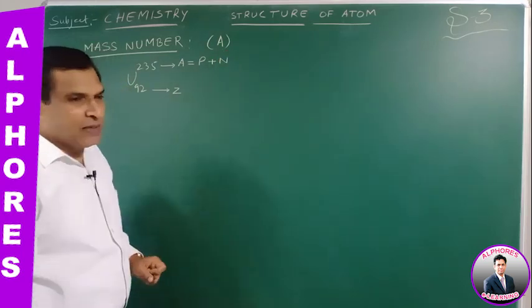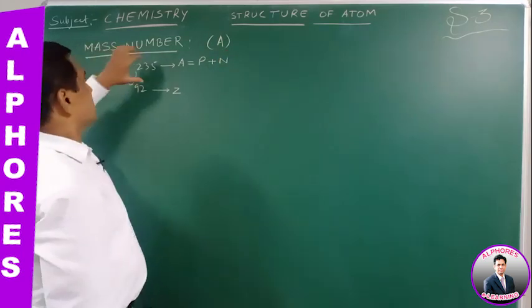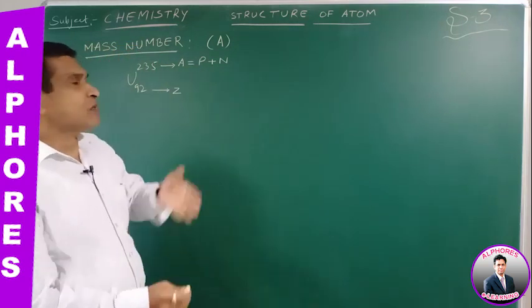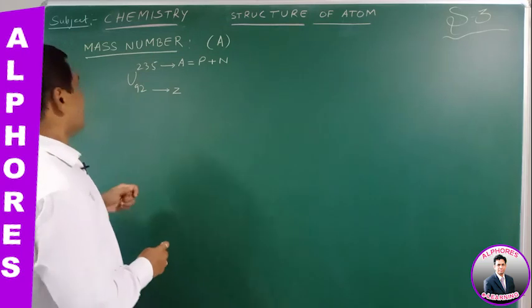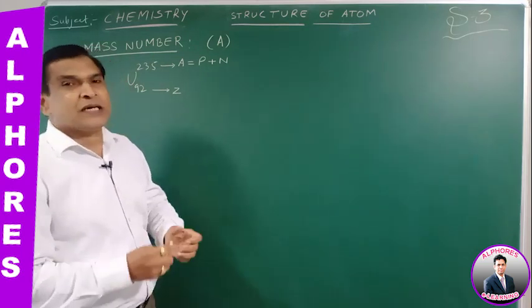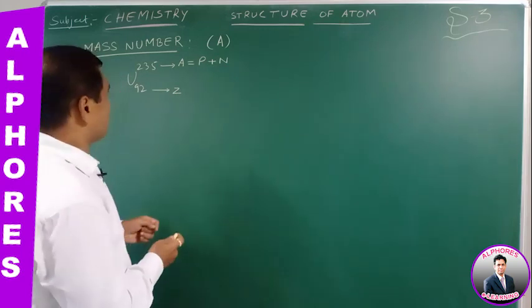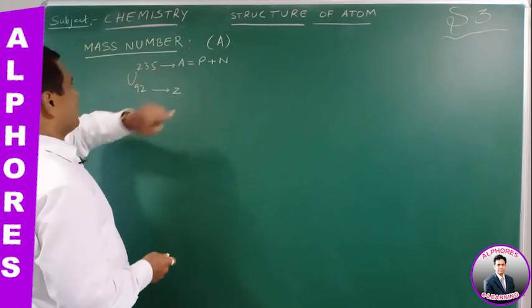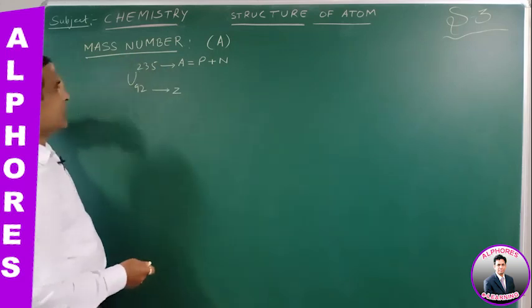Together we can call them nucleons. So the mass number represents the sum of the nucleons present in the atom. What are nucleons? The particles which are present inside the nucleus are called nucleons. So the mass number is 235 for uranium 92-235.